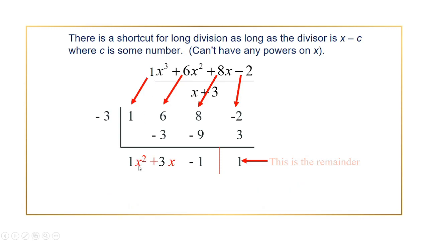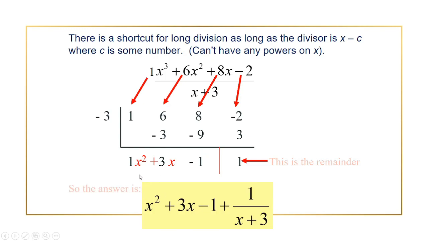So we have x squared plus 3x. So it becomes x because of descending power. It is understood that after x squared, it's going to be x, and after x, it's going to be a constant. Therefore, the answer is x squared plus 3x minus 1 plus 1 over x plus 3. Remember the representation.